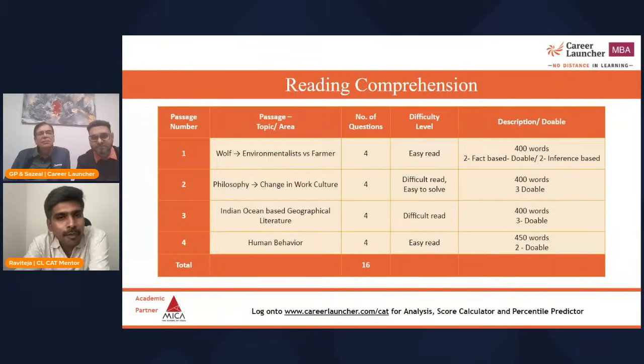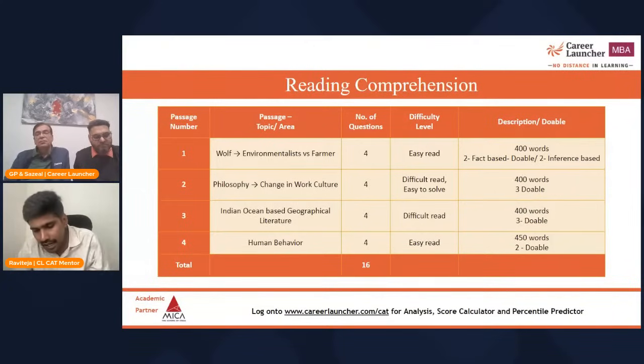The Indian Ocean based geographical passage was about human behavior, how geographies and biogeographies also affect the behavior of human beings in different places. I think that was again easy. It had a little complex sentences, but understanding that passage was not difficult.